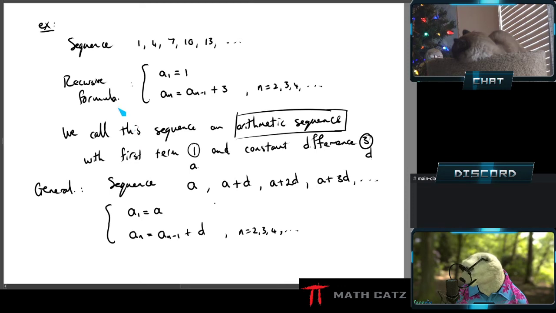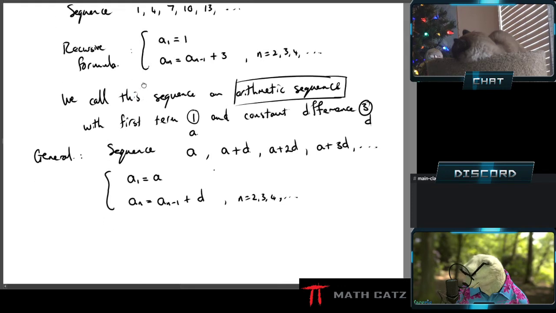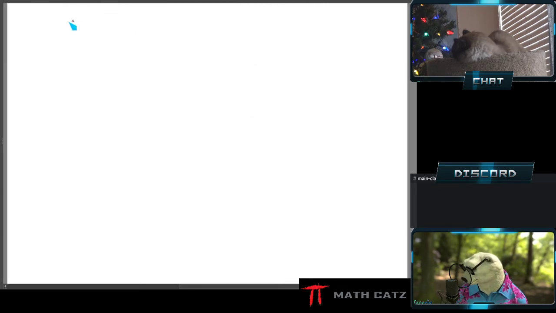So that is the goal. So let's say here, I want to have an explicit formula so that I can get away from this downside that comes with the recursive formula.